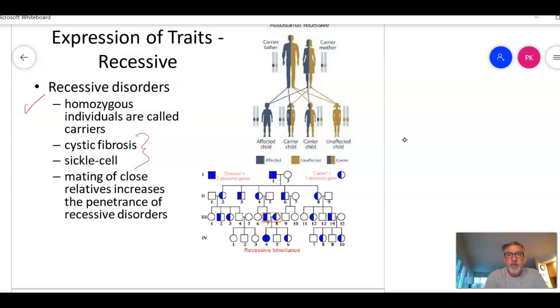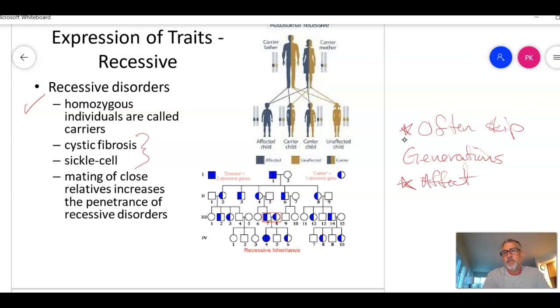So these often skip generations. And they affect males and females.